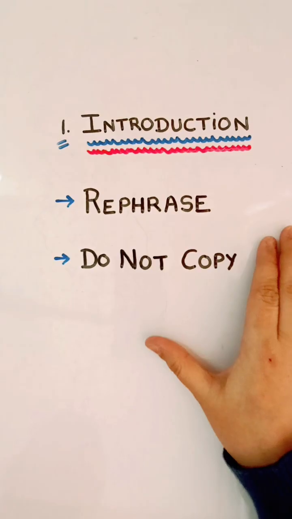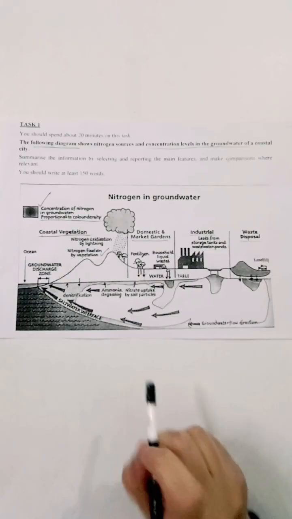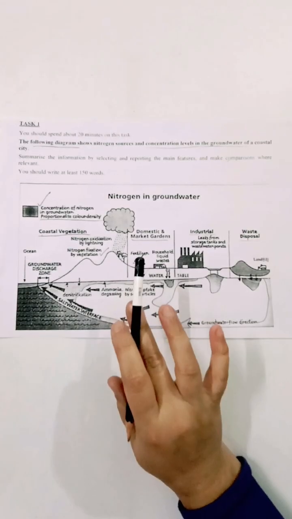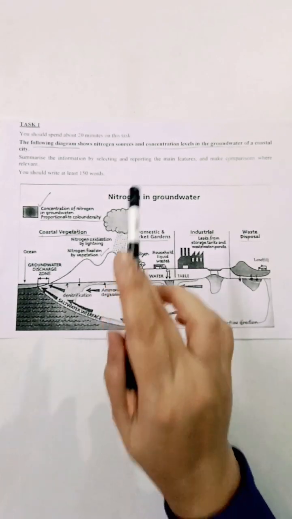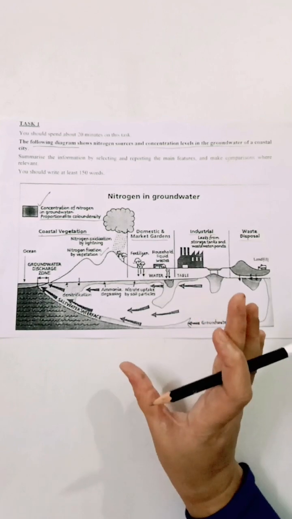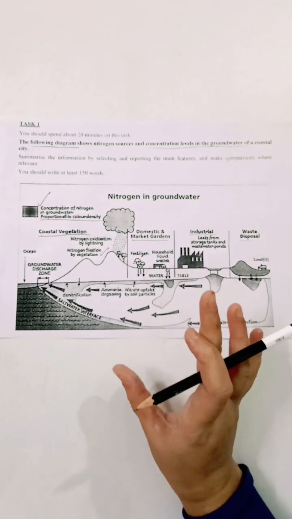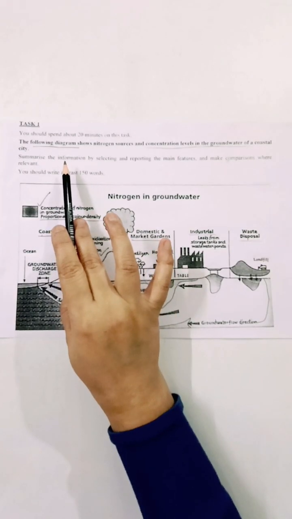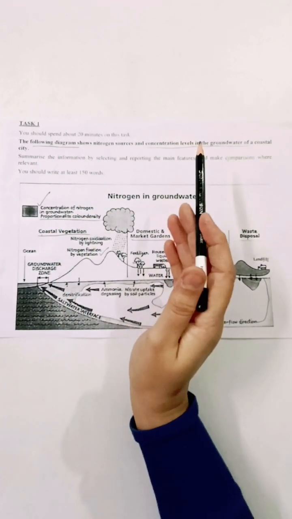So how we are going to mold the statement, we have to decide it in the introduction part with the given question itself. Now we are going to extract the introduction out of the given statement, by molding it, by rephrasing. The meaning should be the same. Now, instead of the word diagram, we can use picture.